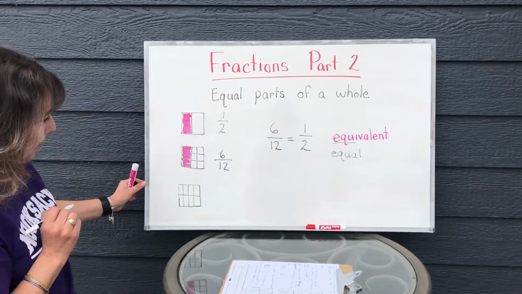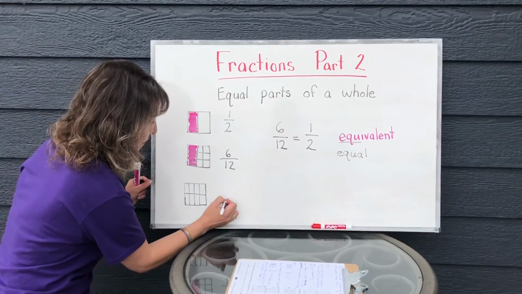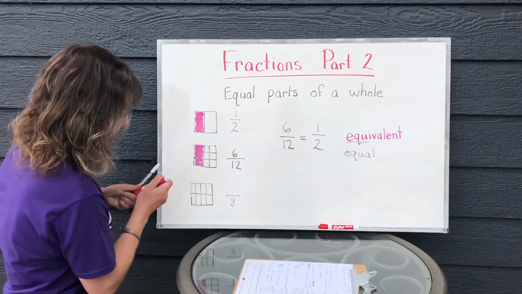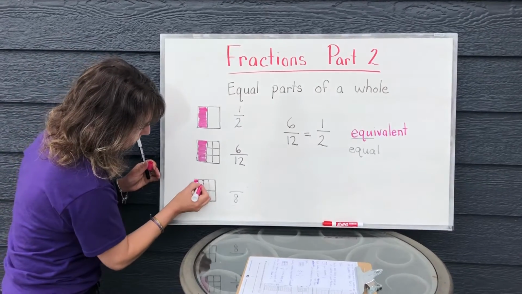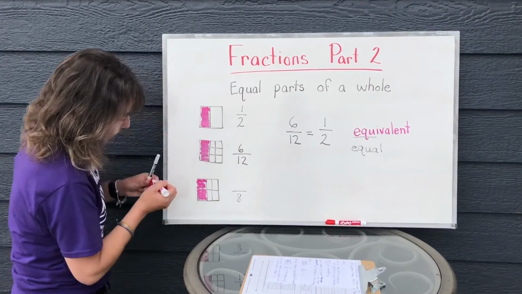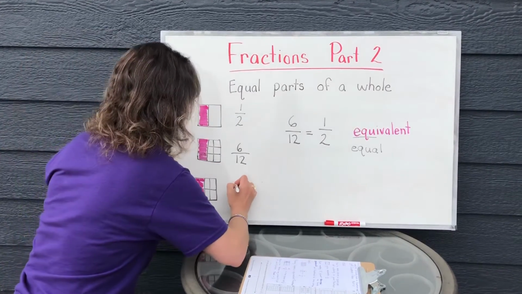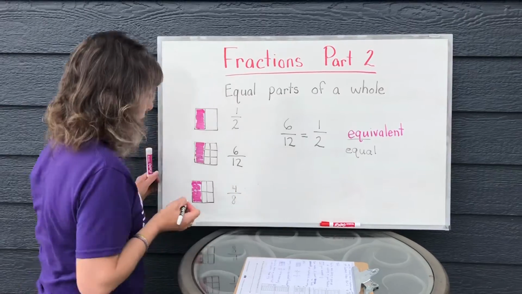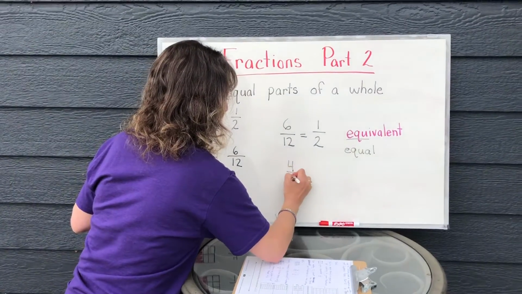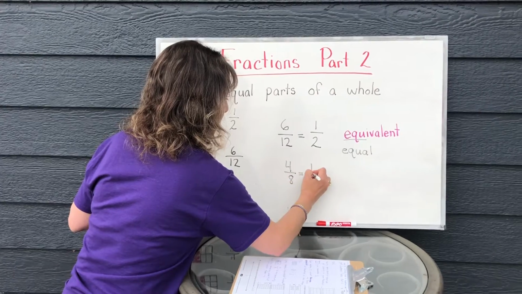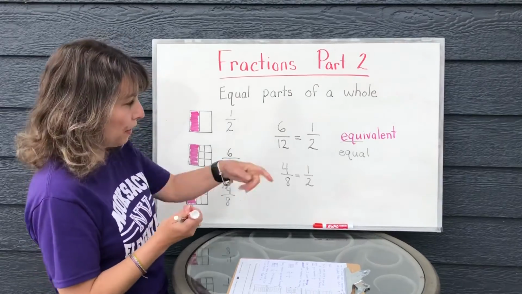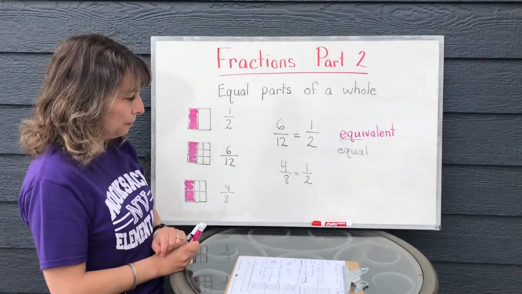Okay, so now I have 8 pieces, and if I shade in half of them, there's 1, 2, 3, 4. 4 is the same as half. So 4/8 is the same as 1/2. Those fractions are equal, or the fancy name for it is equivalent.